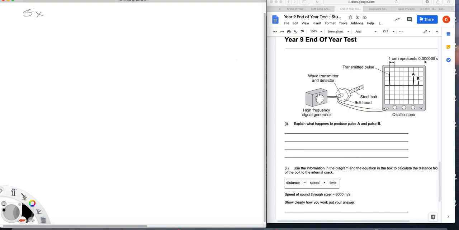We have 1, 2, 3, 4, 5 zeros. 0.1234 zeros is the time, and that is the time for the wave to go into and back from the crack.